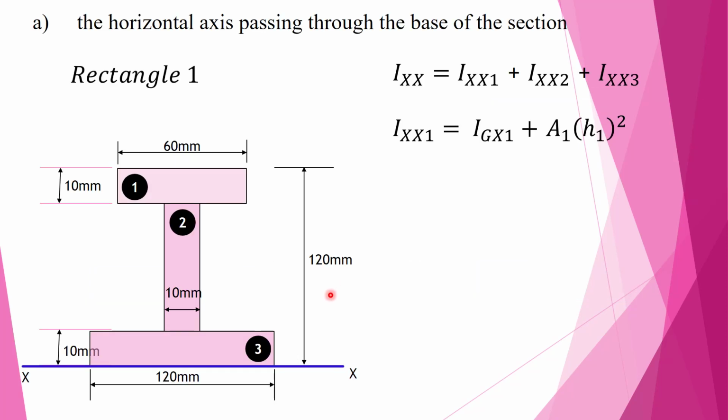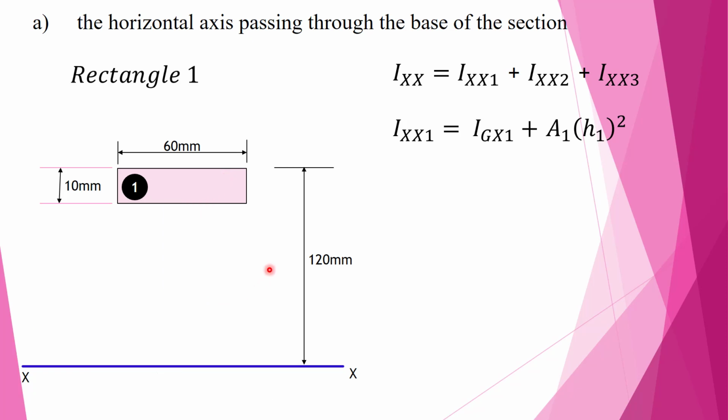Now let us take the first rectangular section. For that, we will remove the second rectangular section as well as the third rectangular section. Now here you can see the rectangular section, the dimension is 60 mm by 10 mm. Now we will mark the centroid of this rectangular section, which will be exactly at the center of the rectangle. That is G1.